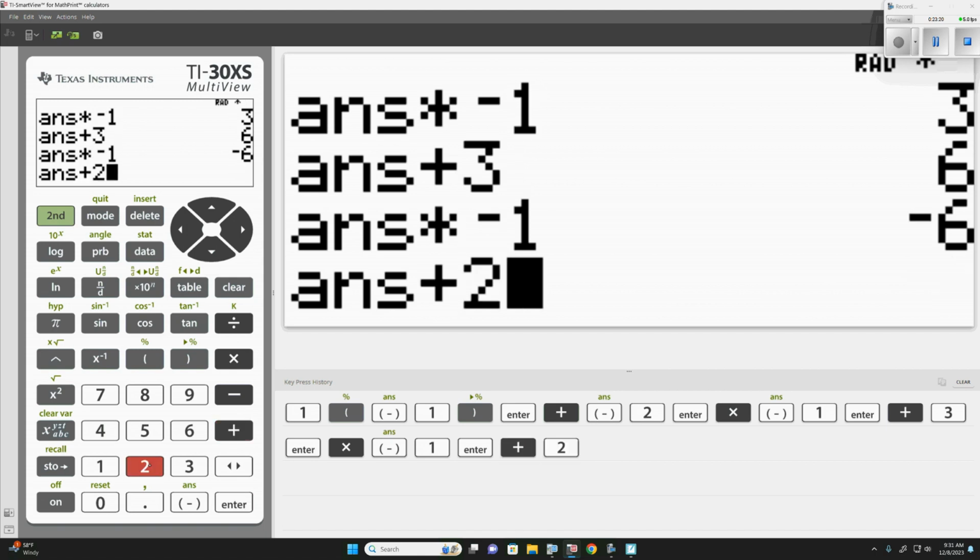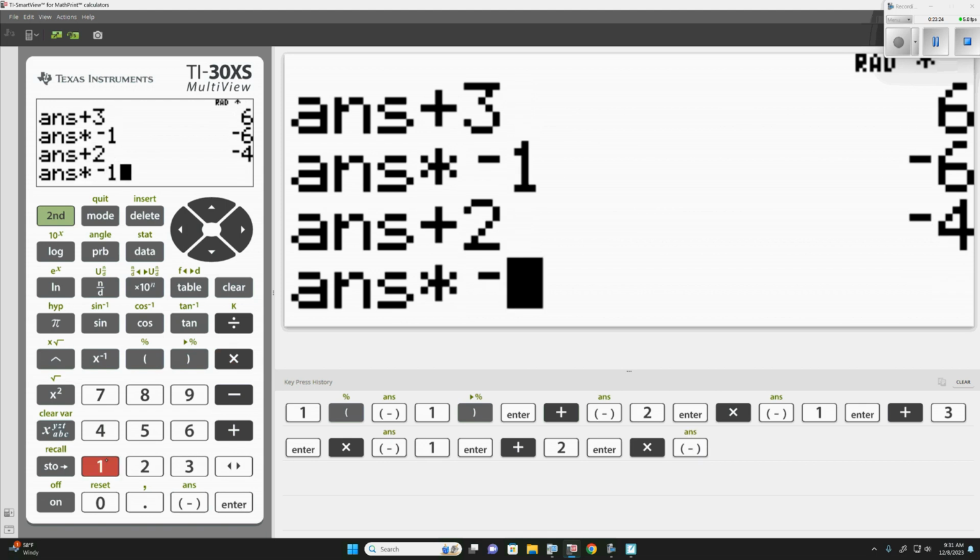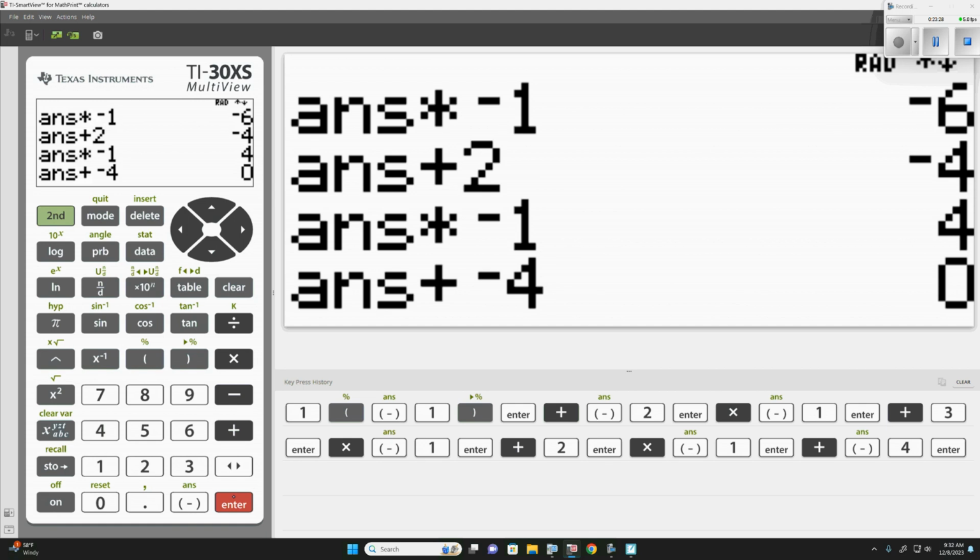And we add it to our 2, multiply by -1, and then we added it to -4. Y'all see how that works? So that is a way that you can do these in a calculator that is a little bit quicker, or you can do it one at a time and type them in. Either way works. This saves a little bit of time, but not a whole lot.